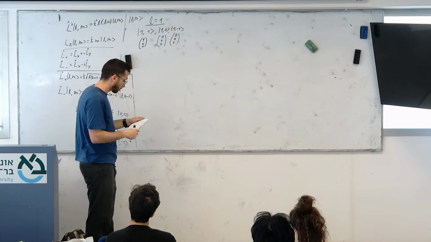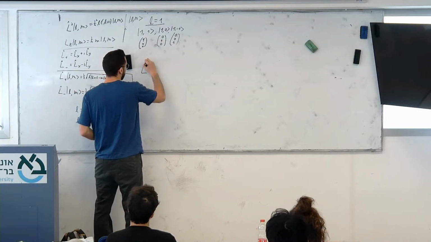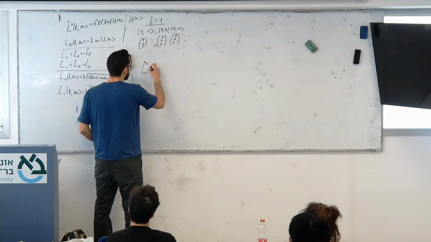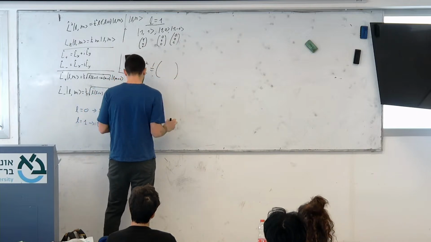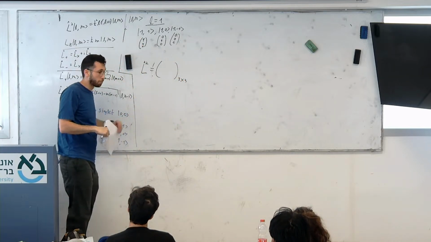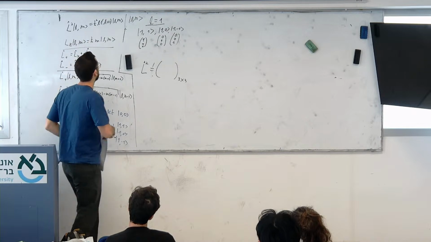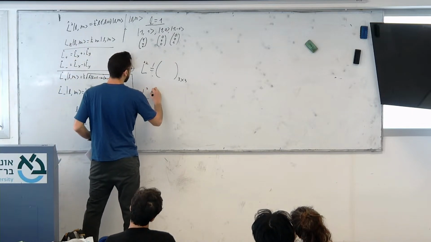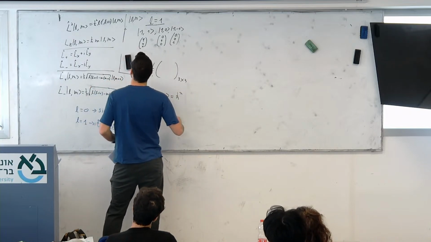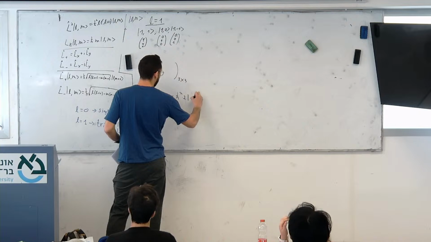Great. We want, for example, to write an L squared operator as a 3 by 3 matrix, such that when I apply it to the |1,1> state, I get h bar squared times 1 plus 1, so 2 h bar squared |1,1>.